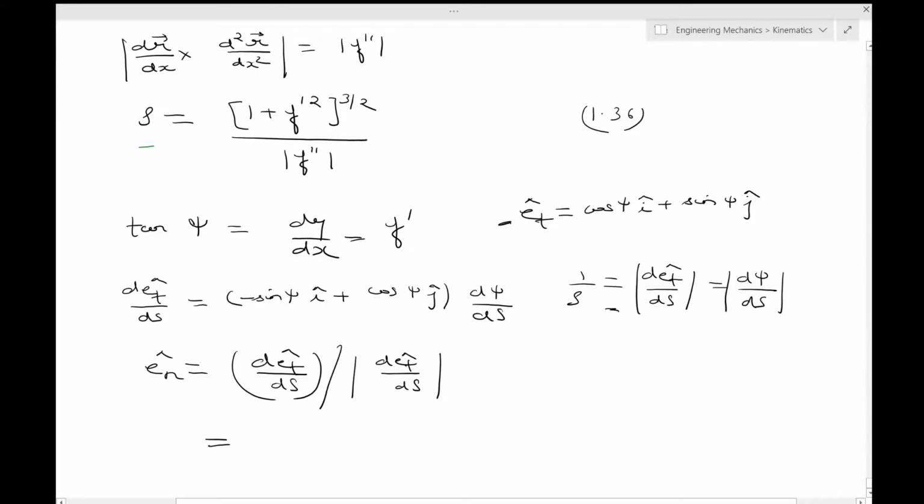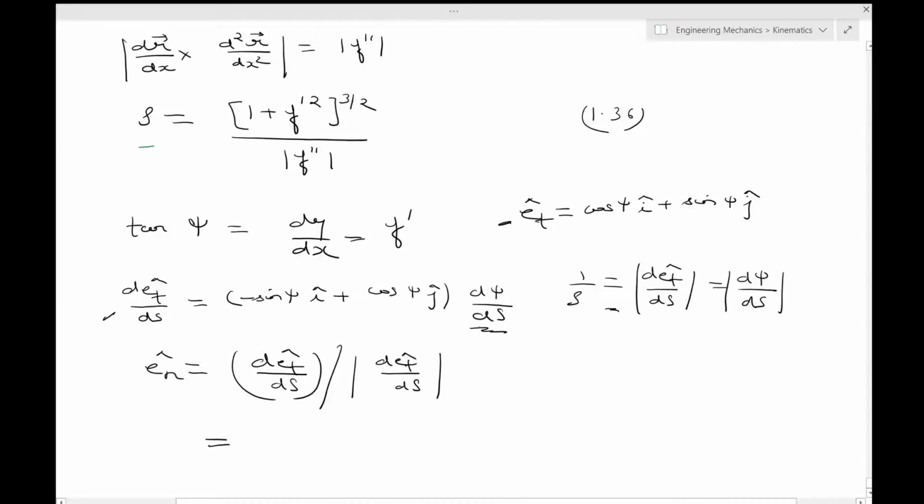Now once you have this, you can substitute det by ds from over here and divide by the magnitude of det by ds, which is this one.